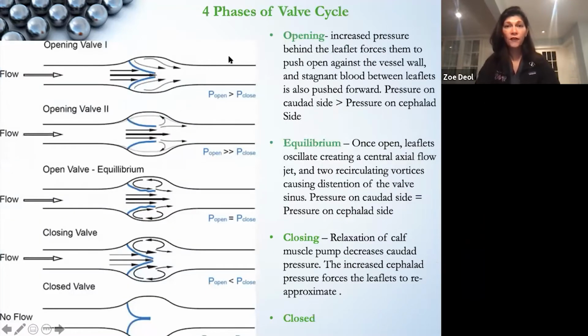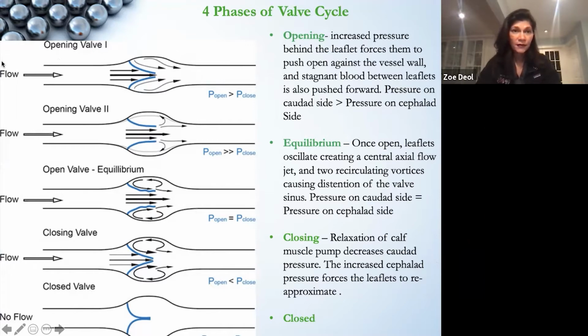There are 4 phases of the valve cycle. Phase number 1, or opening of the valve, is where the pressure caudad is higher than the pressure cephalad, so your feet to your head. This is when you're taking a step, the valves will start to open, and the blood is going straight through the center of the valves. The second stage of valve opening is where you begin to see what is called vortical flow, where the flow goes in a circular motion behind the valve cusp.